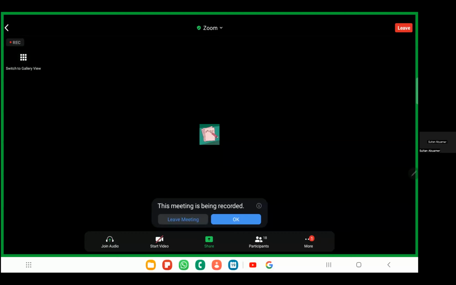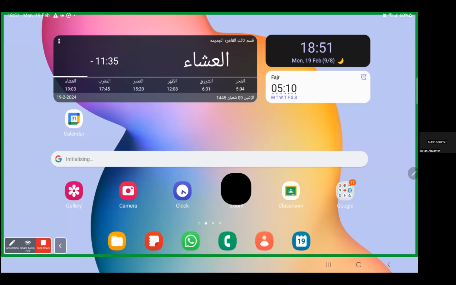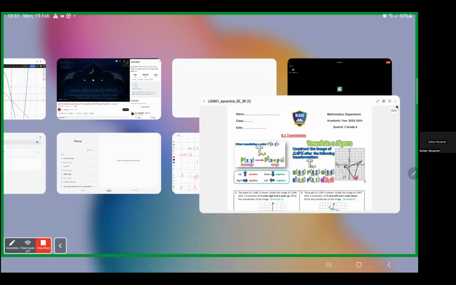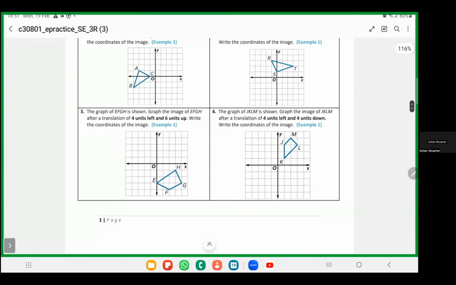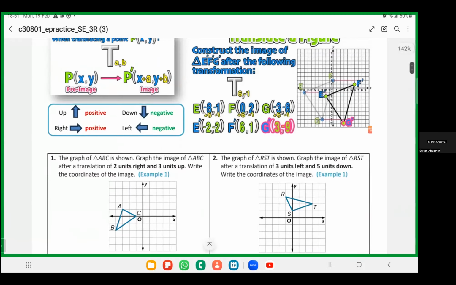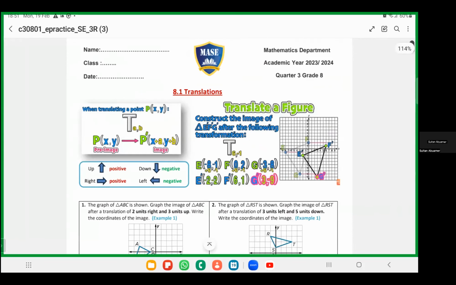Here is 8.1. It's better to share the screen. What are we going to review now? 8.1, but on the sheet itself.